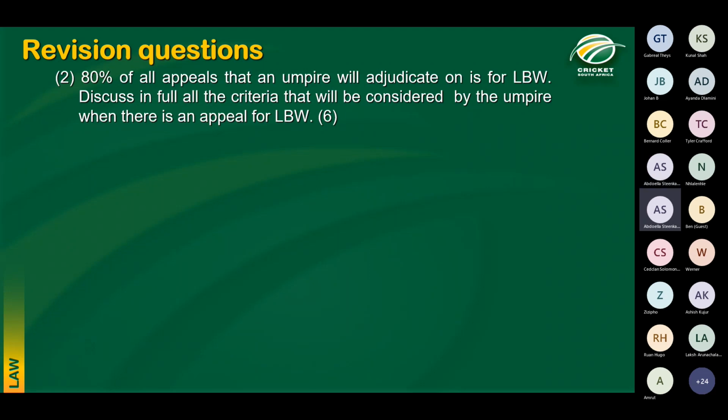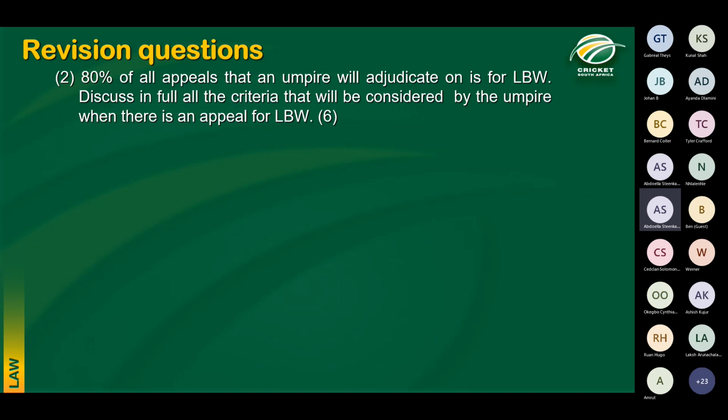Kunal, can you give me the second point that you need to consider? The ball, if not intercepted in full, has to pitch between wicket and wicket or on the off side of the wicket. If it is on the leg side, you should not consider the LBW appeal. Well done, Kunal. Yes, correct.